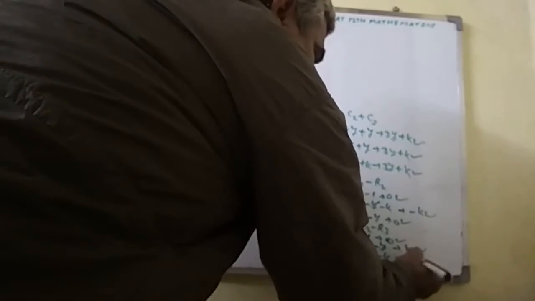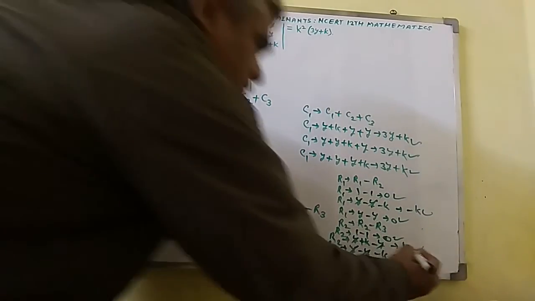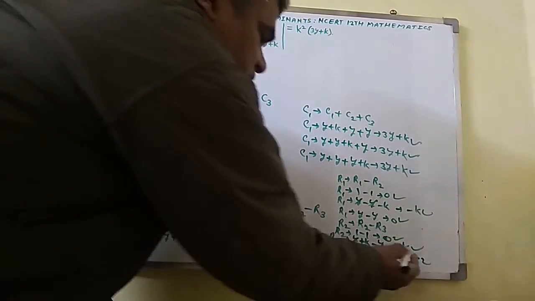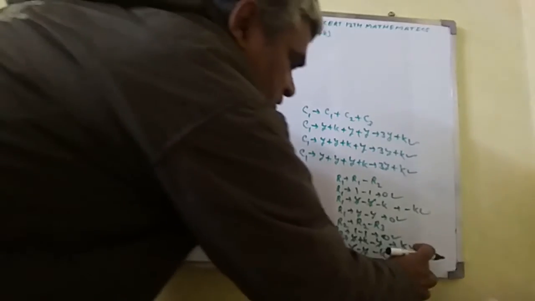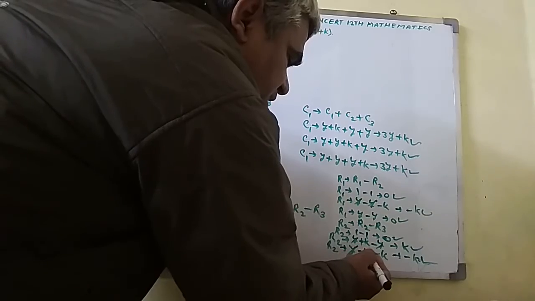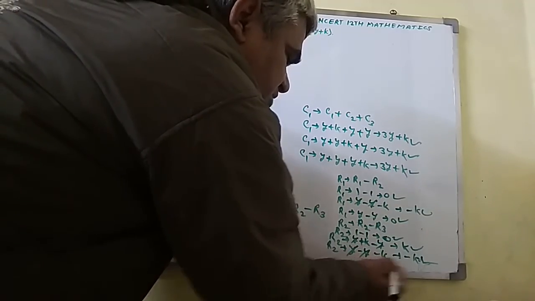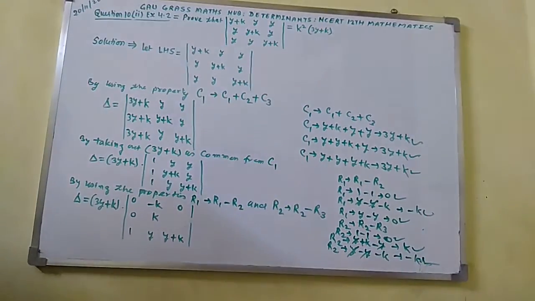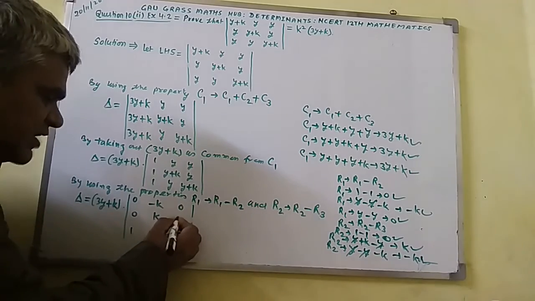So here it will become y minus y minus k, and you will get minus k. So what result have we got here? 0, k, minus k. Because plus y minus y will be cancelled out, we get minus k. So here write 0, k, minus k.